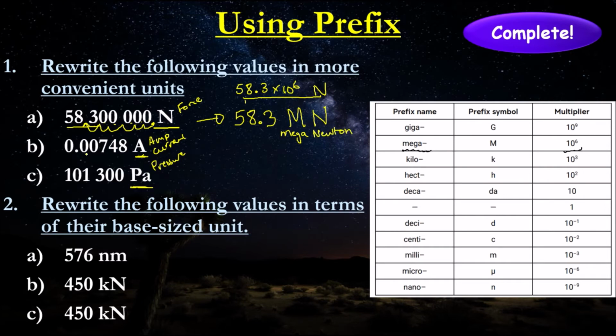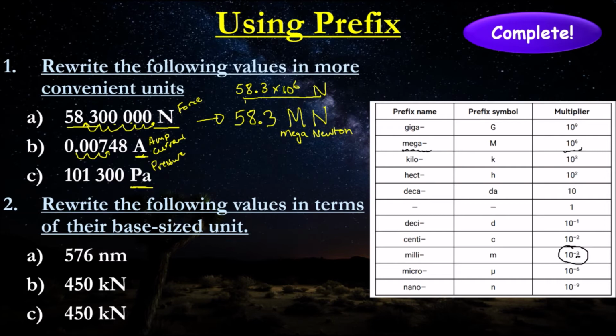For this one here, I want to move the decimal backwards like so. I'll move it back 3 positions. You can move it back a bit more than that, but we generally like to have 1 or 2 values in front of the decimal, and we just leave it as it is. So if I move it by 3 positions, if you have a look on my chart here, that's 10 to the power of minus 3.